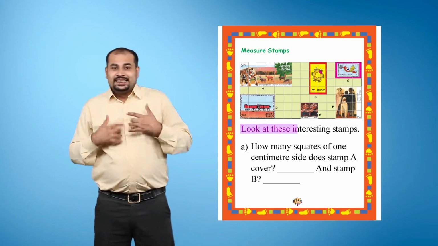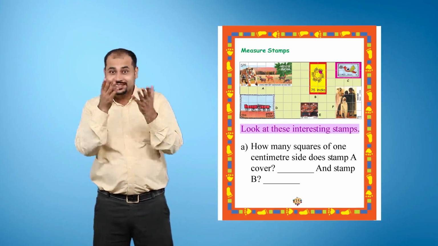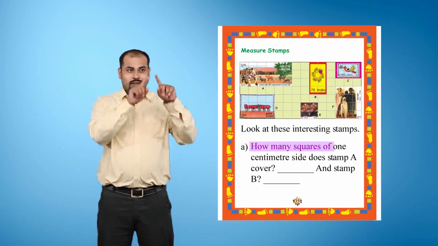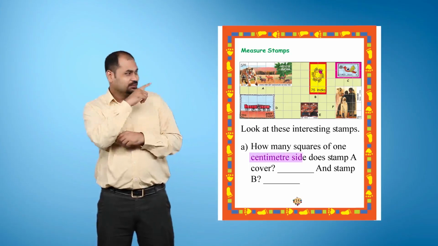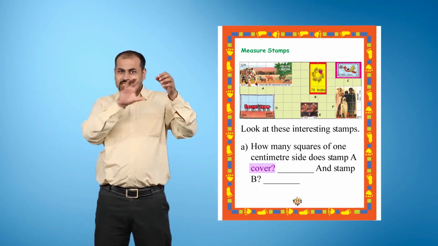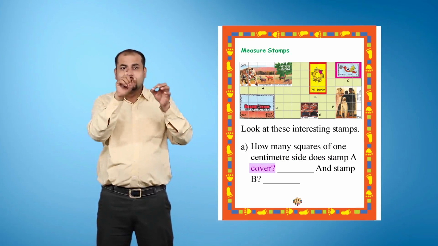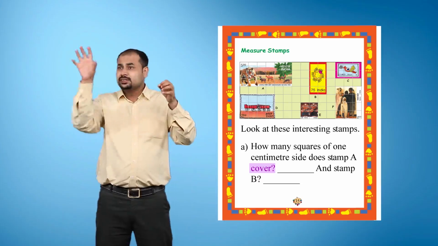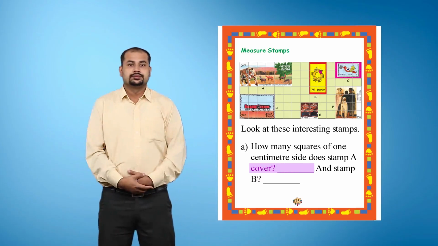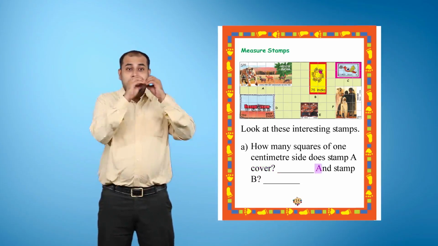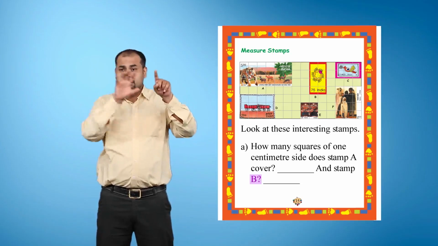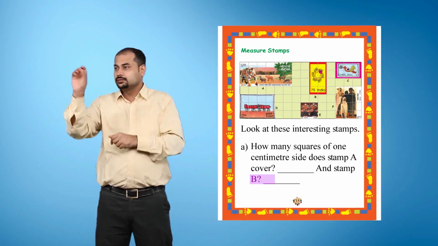Look at these interesting stamps. A. How many squares of 1 centimeter side does stamp A cover? Dash, and stamp B, dash.